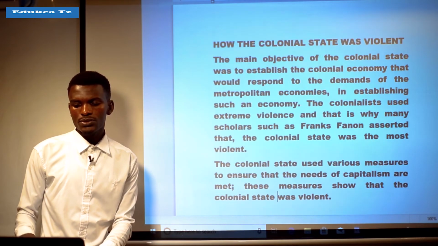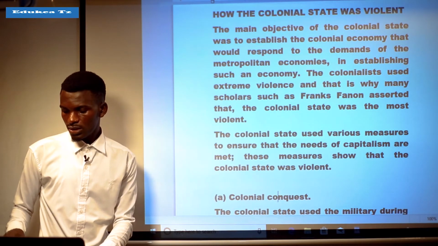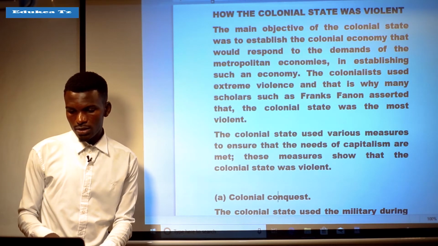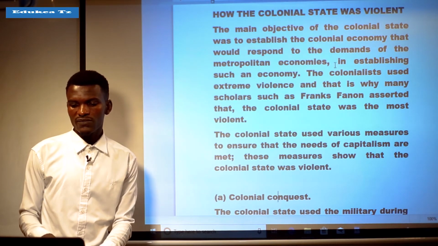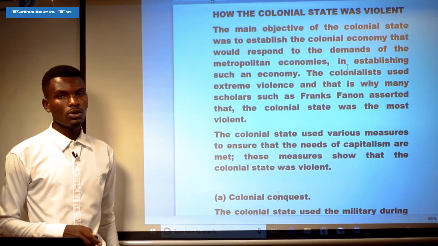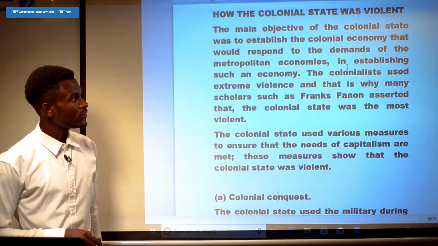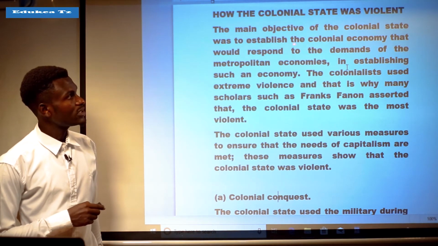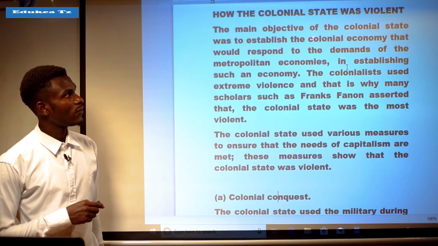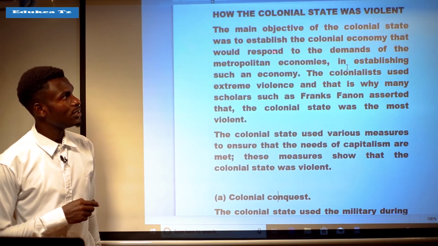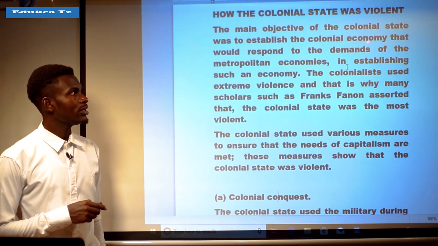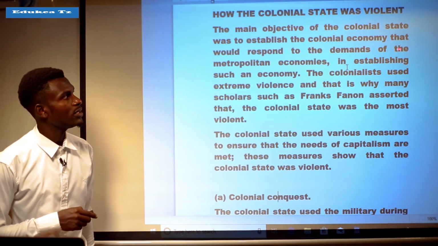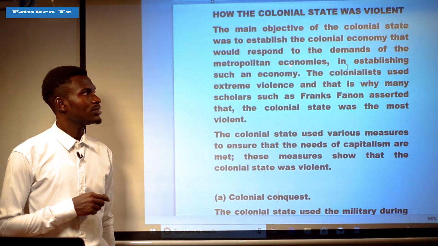The colonial state was violent. The main objective of the colonial state was to establish a colonial economy that would respond to the demands of the metropolitan economies.